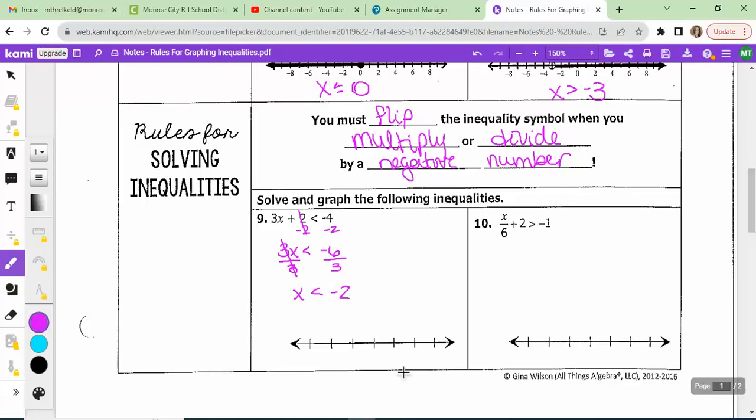So I get x is less than negative 2. I gave you a number line, so you just have to put in some numbers. So I have a negative 2. So less than negative 2, an open circle at negative 2, and going to the left.